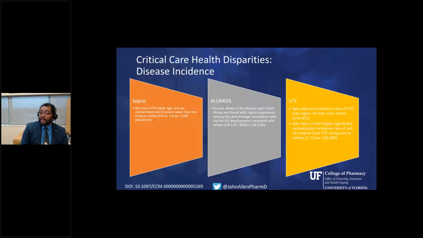And then African Americans also hold a 3-fold higher significant race-adjusted incidence of out-of-hospital fatal VTEs as compared to white patients. And so all of this as a backdrop to disease incidence just highlights that factors can influence the presence of disease that patients present with in the intensive care unit.